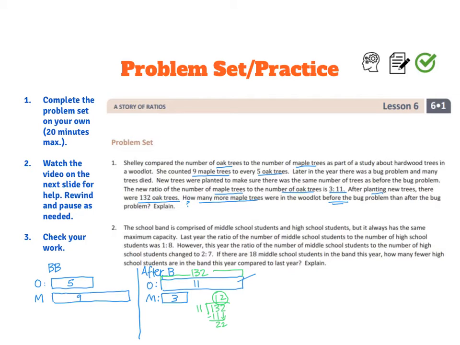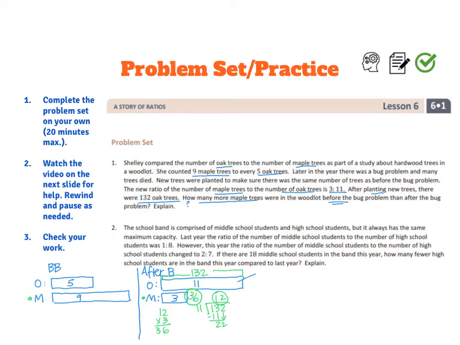Now I have to go back. What do they want to know? How many more maple trees were in the woodlot before the bug problem than after? So I'm just looking at my maple. 12 times 3 is 36, so that's 36 total for maple after.